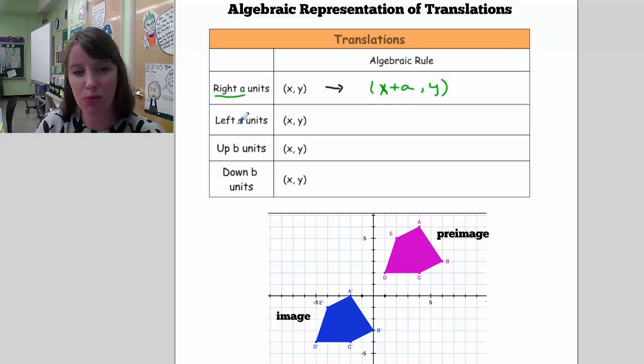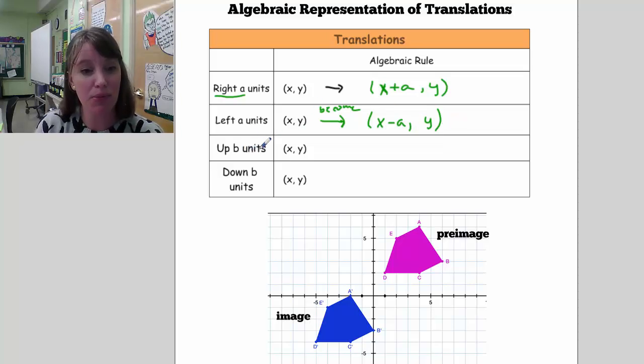Likewise, a left movement of a would take a away from the original x coordinate, but keep the y coordinate the same. So x comma y would become, this arrow means become, under this translation, x minus a comma y.